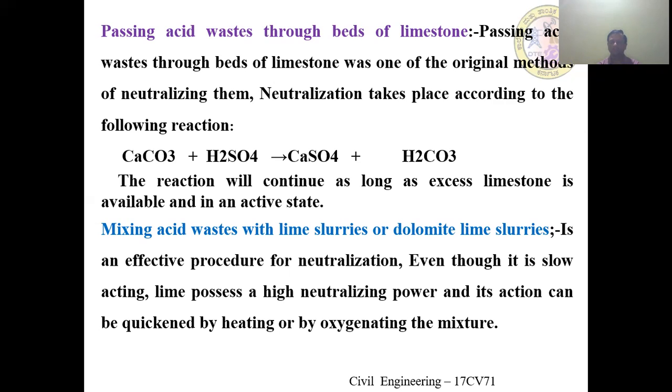Here the reaction is actively improved by heating or oxygenating the mixture. By means of that, the reaction will be a little faster.